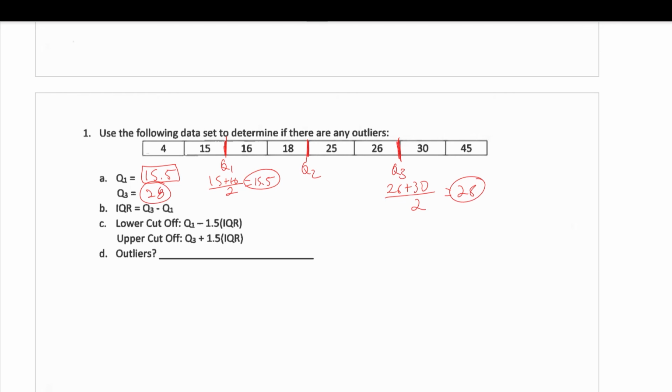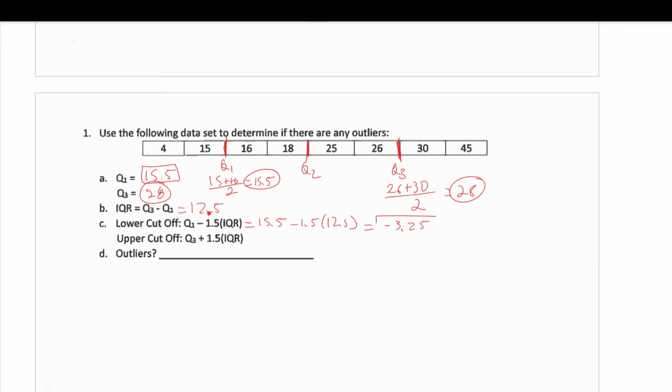If you take the difference, 28 minus 15.5 is 12.5. Let's calculate the lower cutoff, which is the first quartile, 15.5, minus 1.5 times 12.5, our interquartile range. And we're going to get a lower fence of negative 3.25.